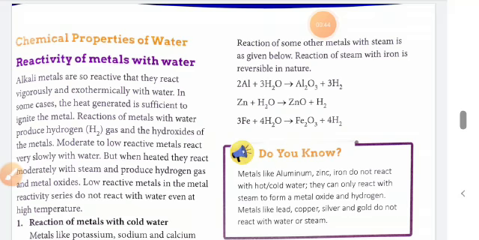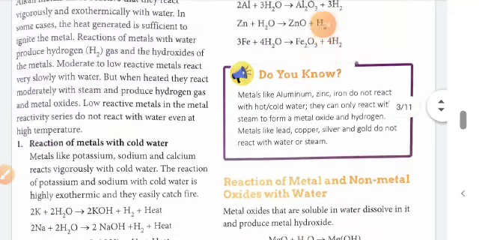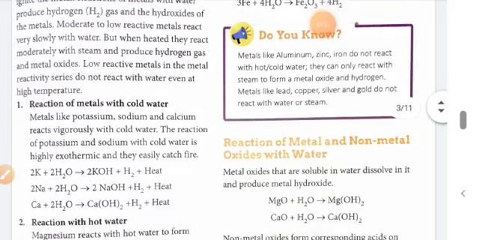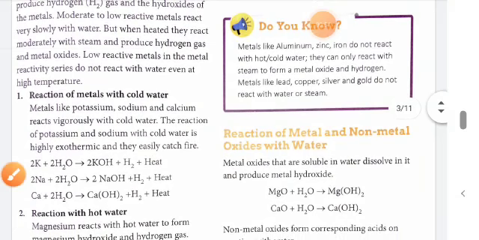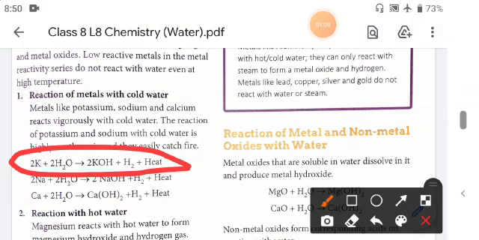That means when any metal reacts with water, what will you find in the product? Okay, now reaction of metal with cold water. When water reacts with any metal and the water is cold, then what will you find? See here, in this reaction, potassium reacts with water and gives potassium hydroxide, hydrogen gas and heat.